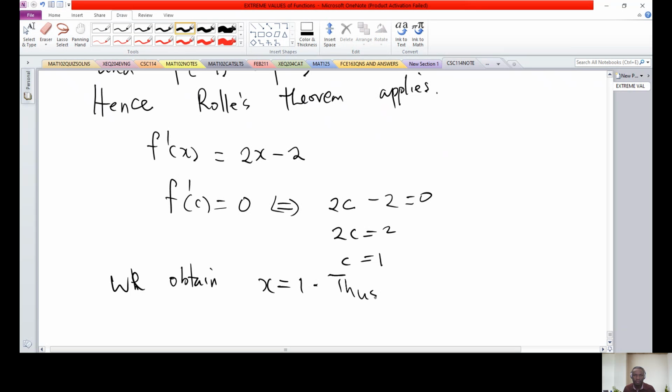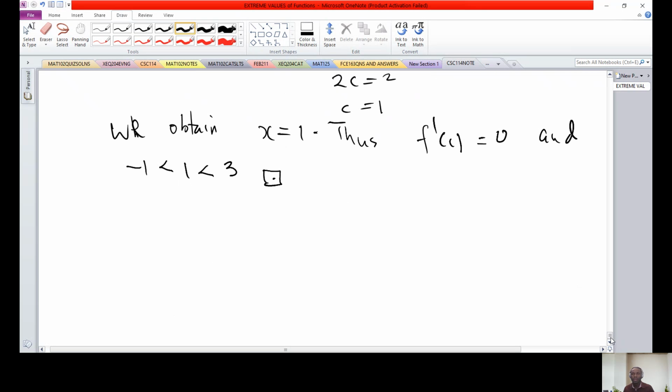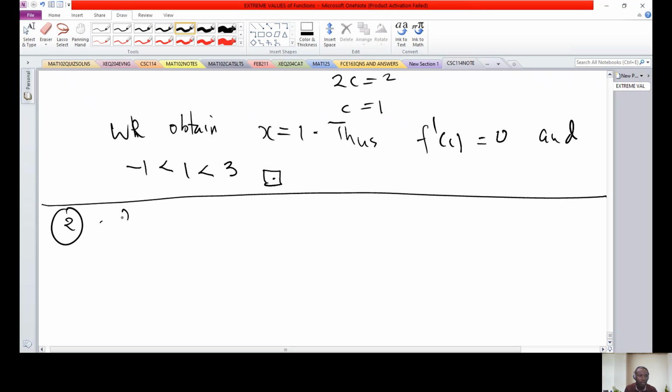Thus, f prime at 1 equals 0. And since 1 is between -1 and 3, then it is true that the function satisfies Rolle's theorem.